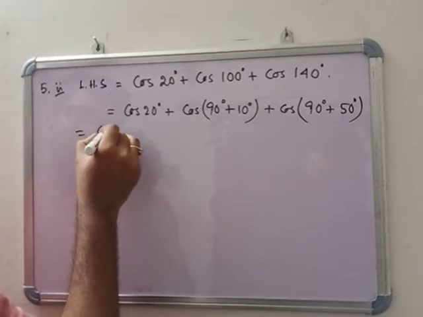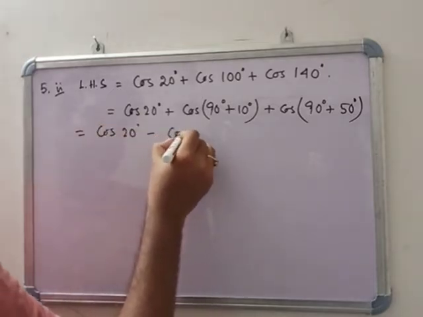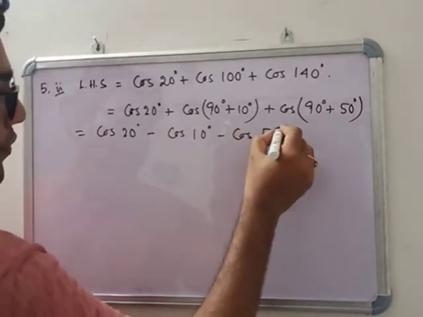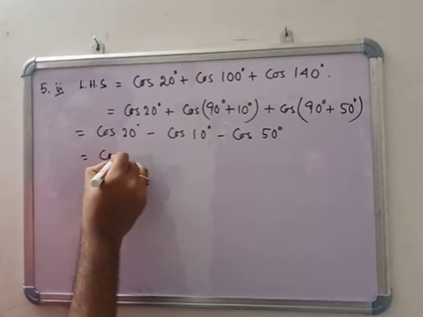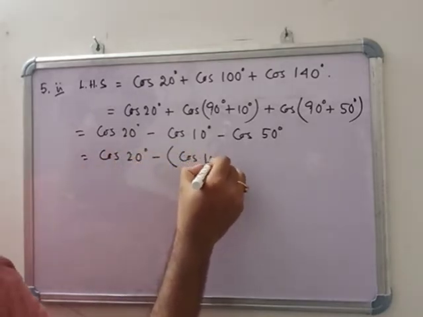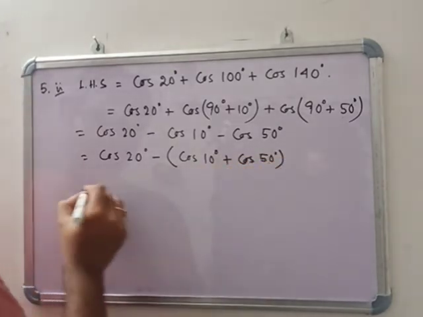So that means cos 20 degree minus cos 10 degree minus cos 50 degree. Okay. So cos 20 degree minus cos 10 degree plus cos 50 degree.